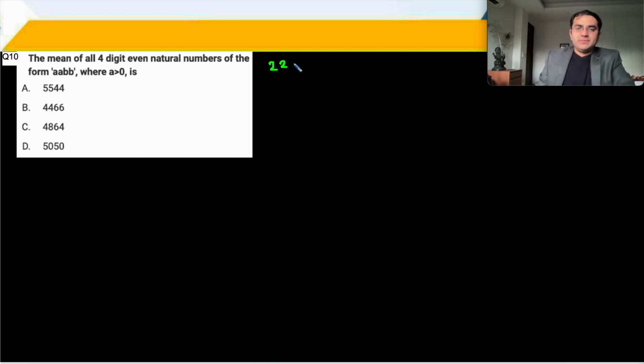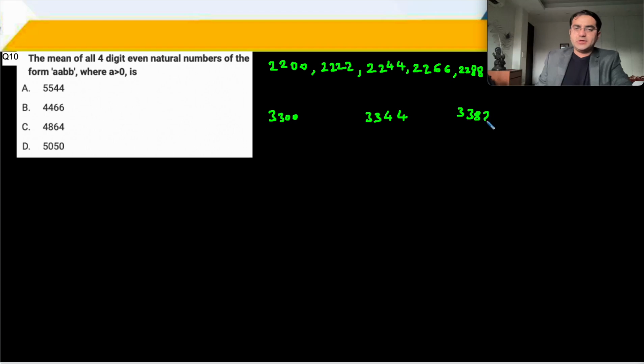So for example, if you take 2200, 2222, 2244, 2266, and 2288. Right, for the portion starting with twos, these are the 5 numbers. Then you'll do this for the threes, 3300 and so on, 3344, 3366, 3388, and then this process will repeat.